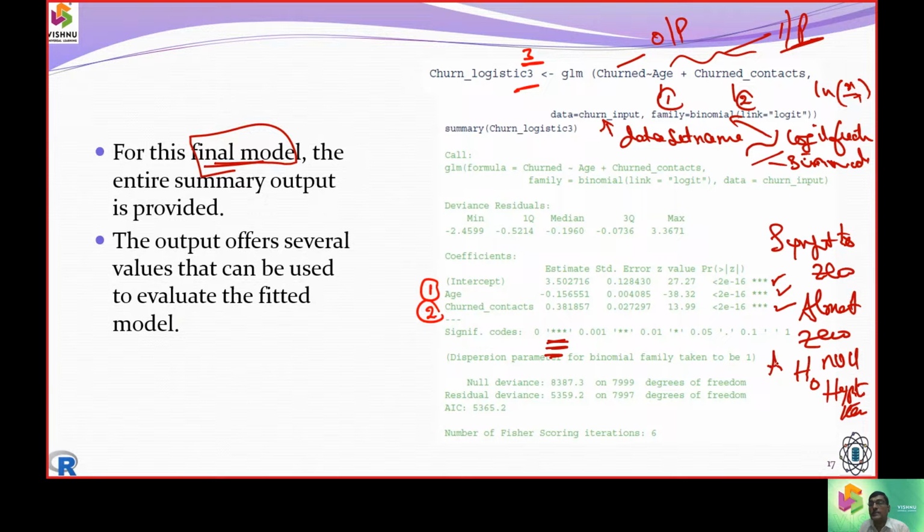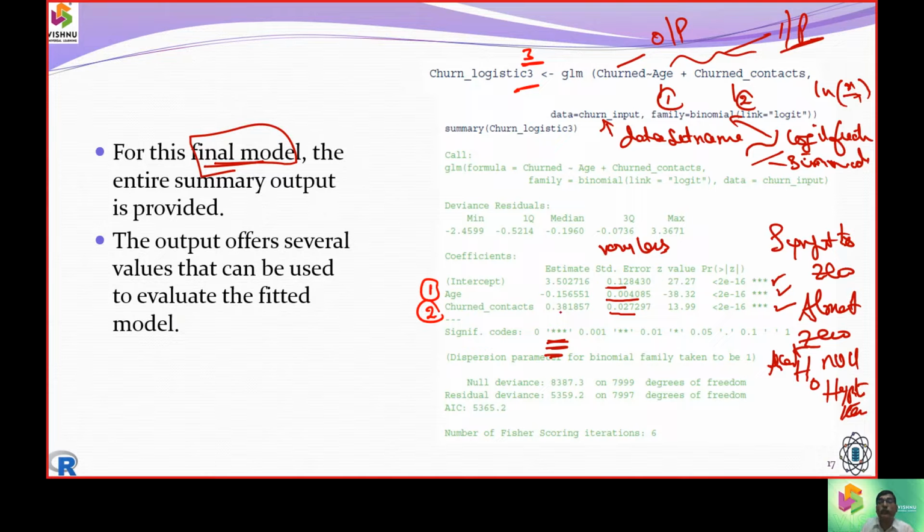So we have to accept the null hypothesis at this point. And second, standard error is 0.12, standard error is 0.02. So very little standard error is going to come up at this point.